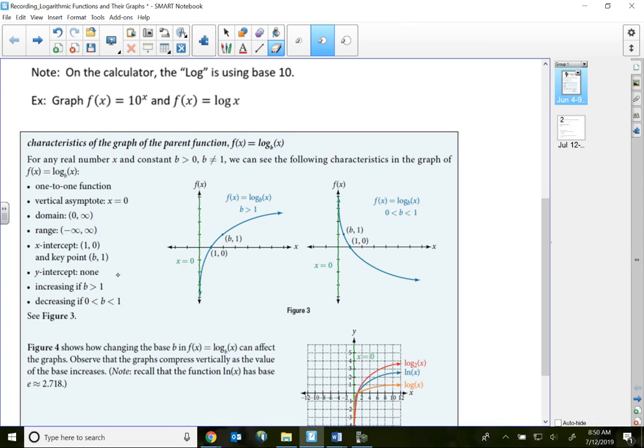There's no y-intercept for these two particular pictures because my domain starts at 0. Using parentheses simply means my function never touches the y-axis. All right, and you have your increasing and your decreasing.